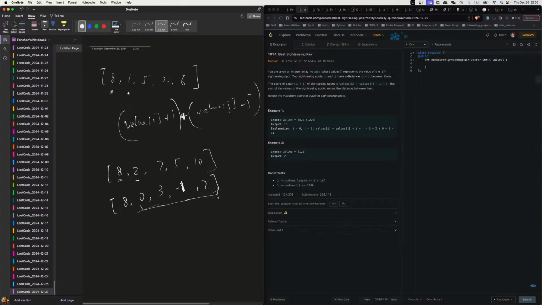Basically, this is 2. So the maximum is 5 plus 2 is 7. Basically this and this, right? And then come here, it's still 2, so it's gonna be 9. Alright, and come here, it's 3, and this will be 5. Come here, 8 is gonna be 11. Okay.